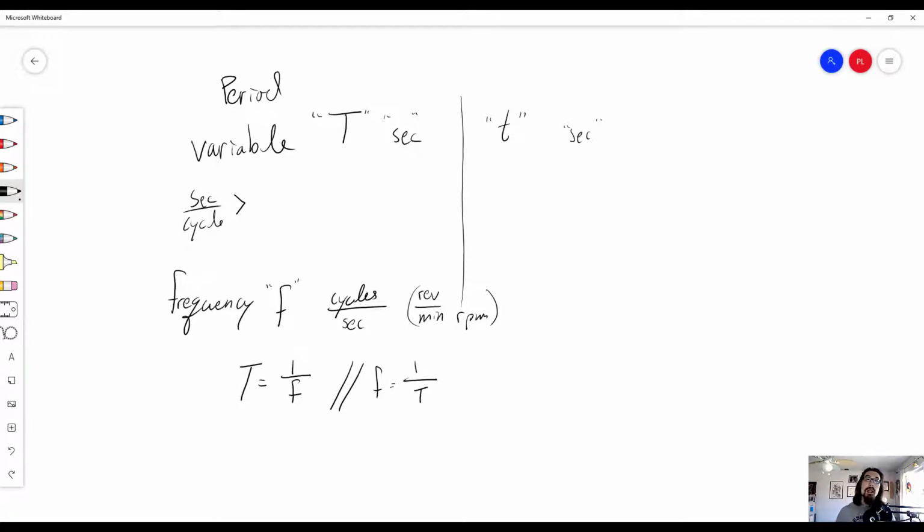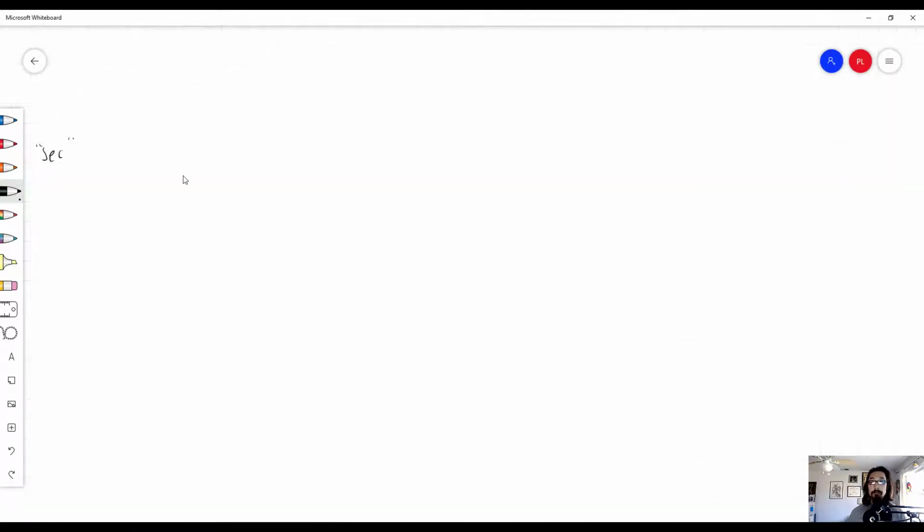Okay, so we have the equation for period and the equation for frequency. Now, this equation for period, we're not really going to use as much. This is just the generic equation for period, but we're going to go into the idea behind period for a pendulum specifically. Okay, get ready.